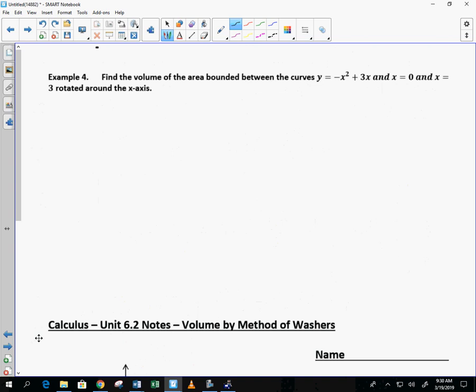Find the volume of the area bounded between the curves y equals negative x squared plus 3x, x equals 0, and x equals 3, rotated around the x-axis. Negative x squared plus 3x. Upside down parabola goes through what values on the x-axis?